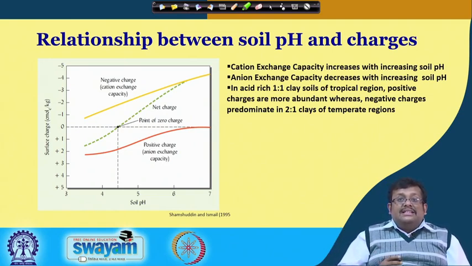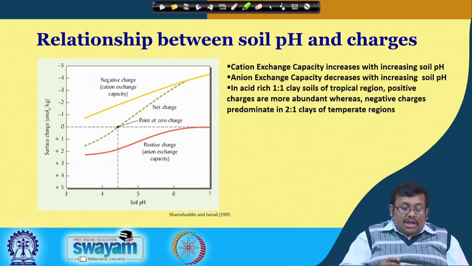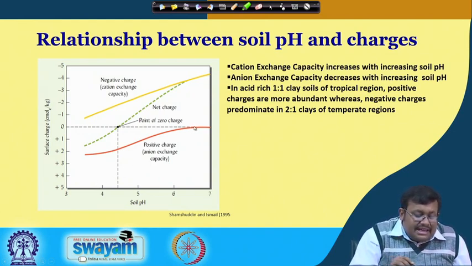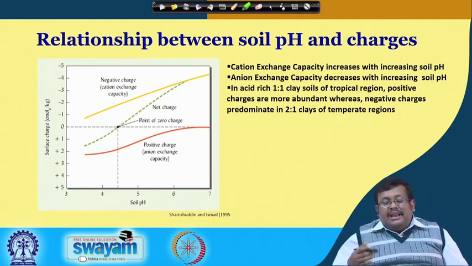However, anion exchange capacity decreases with increasing soil pH. As you can see, the soil pH is increasing from 3 to 4 to 5 to 6 and 7, and the positive anion exchange capacity is decreasing from around 2.5 to around 0 at around pH 7.